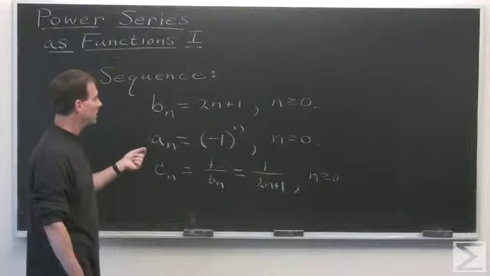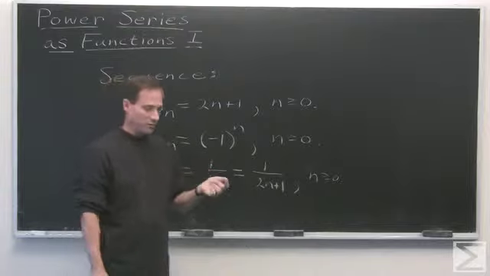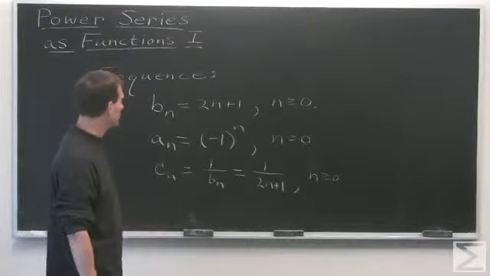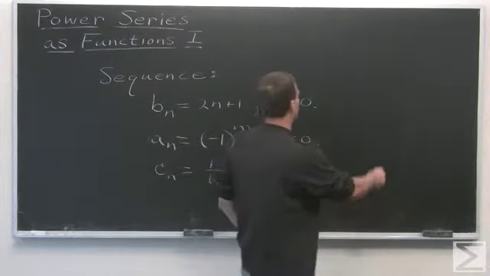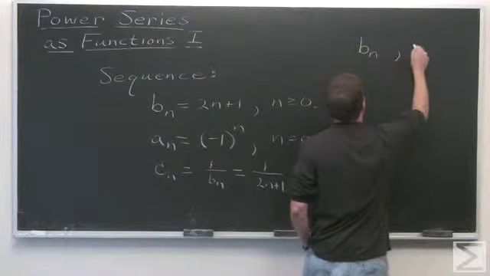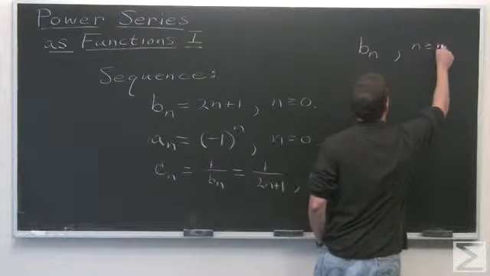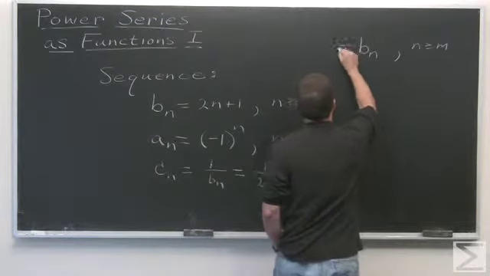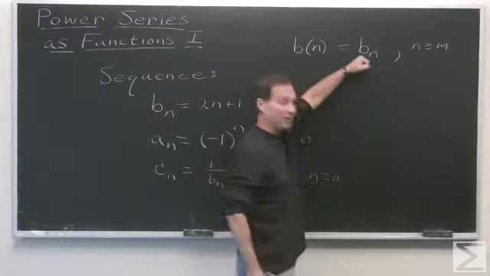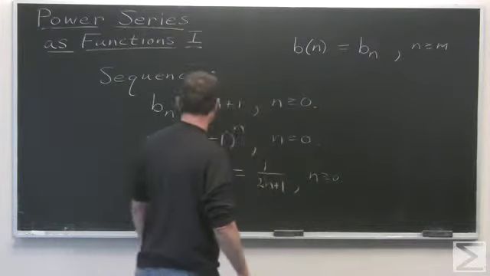So a sequence is really a function, but it's a function that just takes on integer values, integers greater than or equal to some starting value. So typically you would write a sequence as something like b sub n, where n is greater than or equal to m, but this is really a function, b of n. But this is very standard when you're talking about sequences.